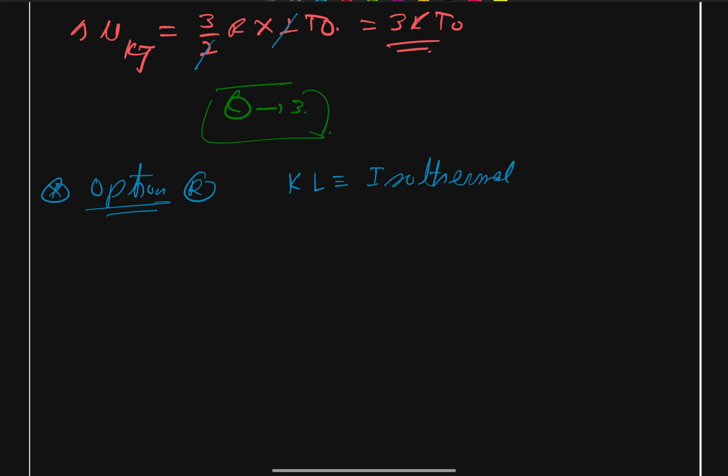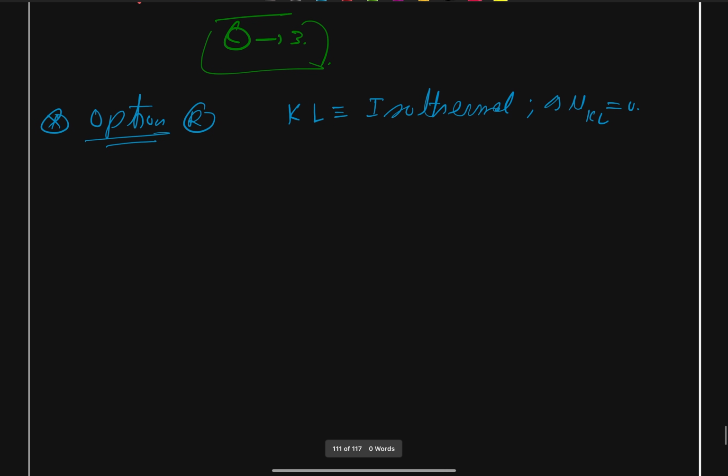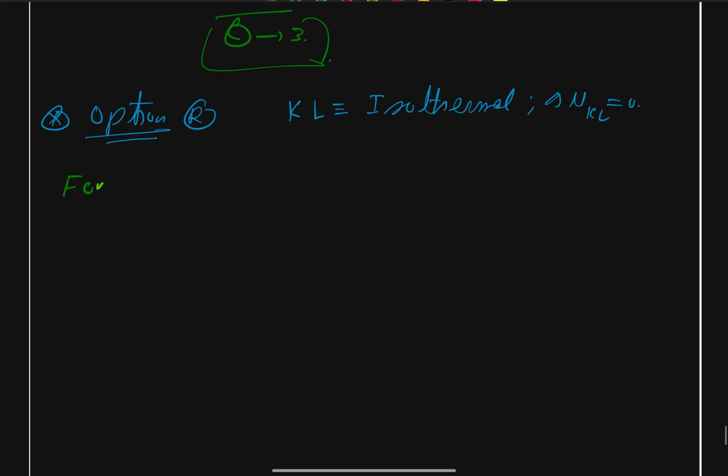So isothermal, we know that internal energy change of KL will be equal to 0, and from first law we know that heat is equal to internal energy plus work done.